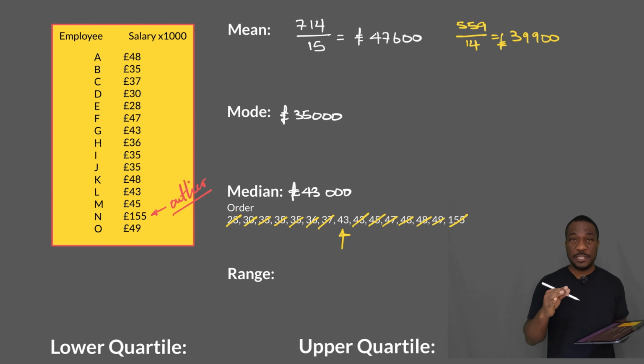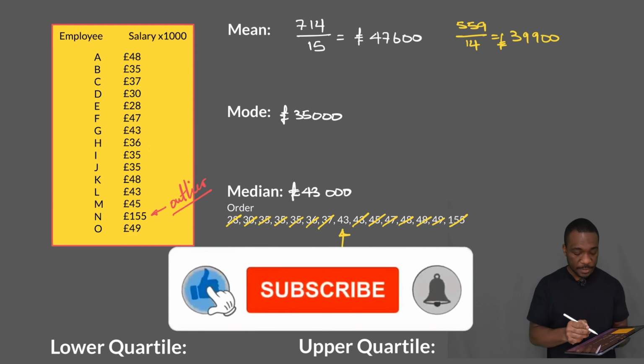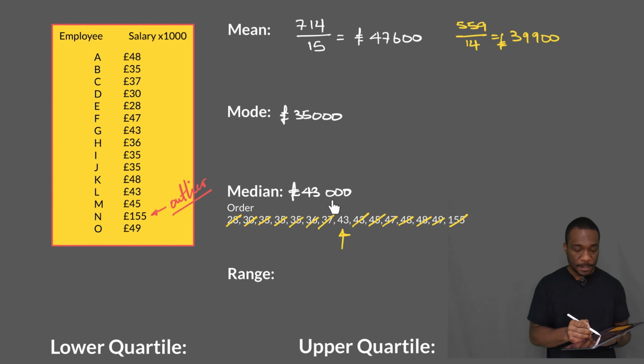And so the median is one of the most common ways of finding the average, and that is why it's the most common way, because extreme data does not affect it. Okay, so here we are, 43,000, which to me makes a bit more sense because looking at where it is in the middle, you can tell that that's about the average. Okay, so there you go. Again, it all depends on what your data is telling you.